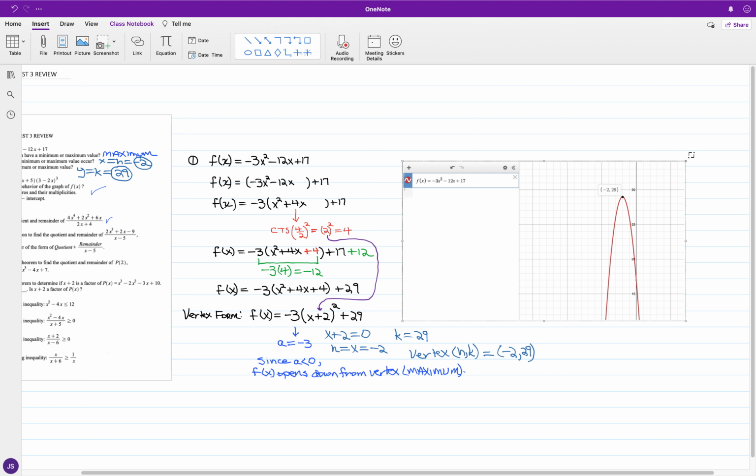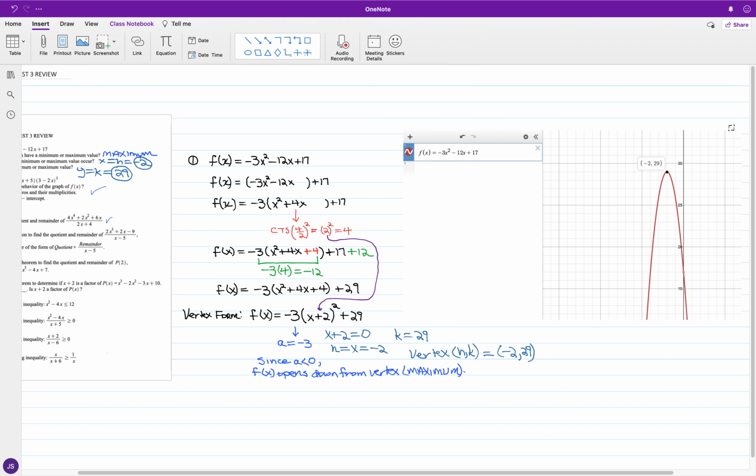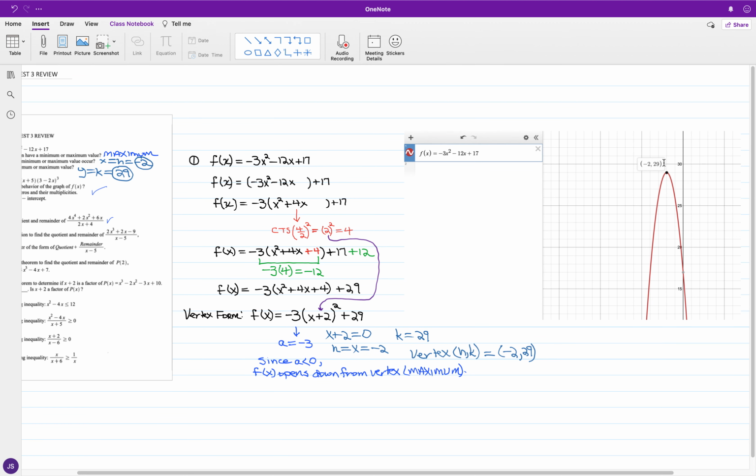Again, we have the location of the maximum, in this case the vertex. It occurs at x equal to negative 2, and the maximum value is the corresponding y value, which is going to be 29.